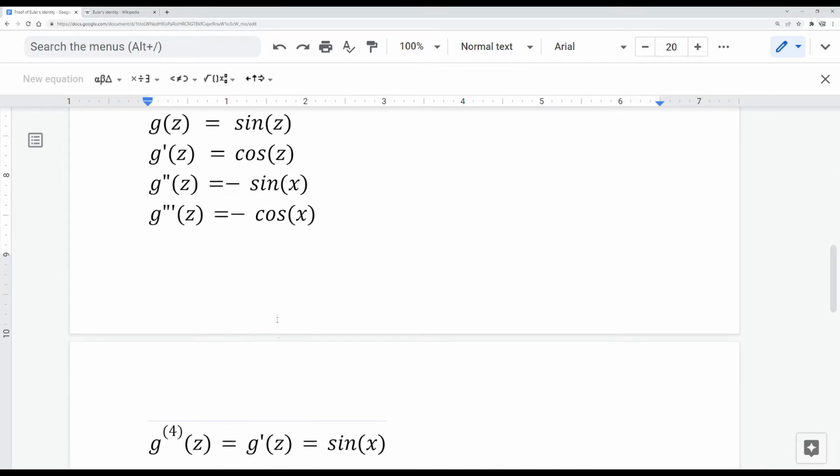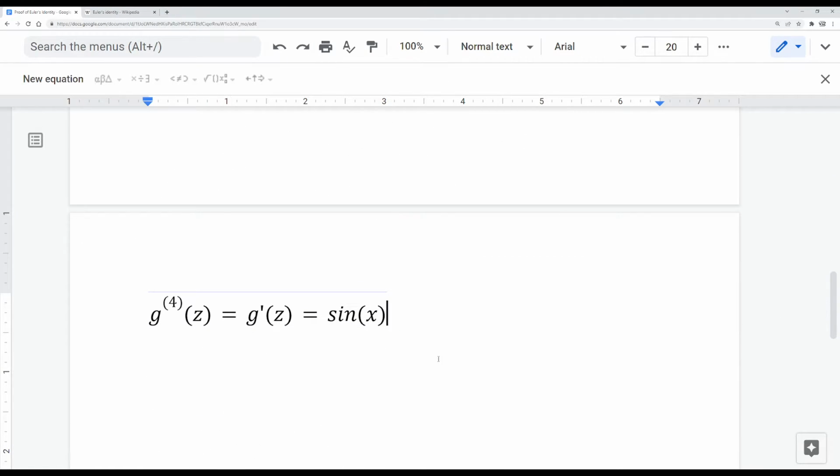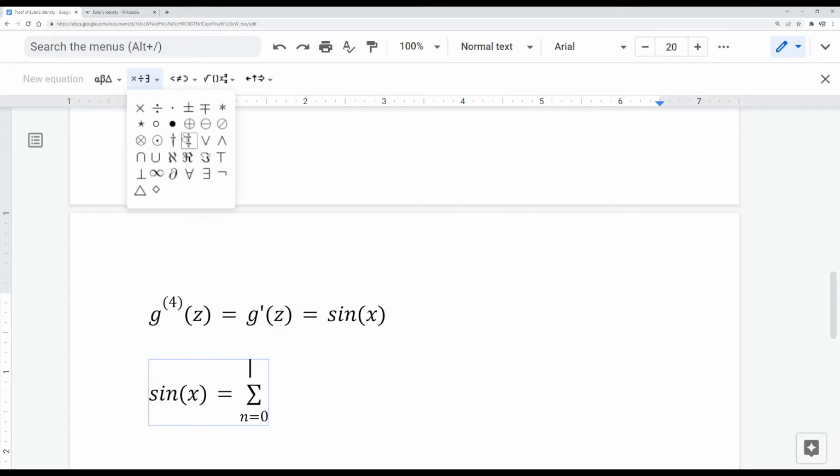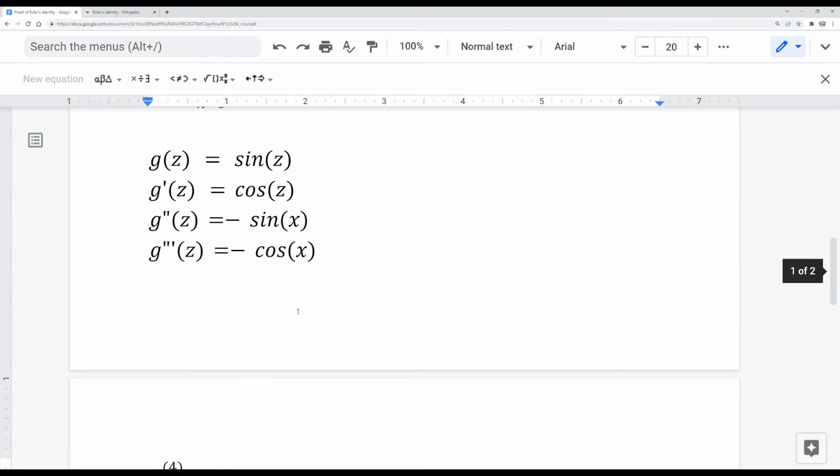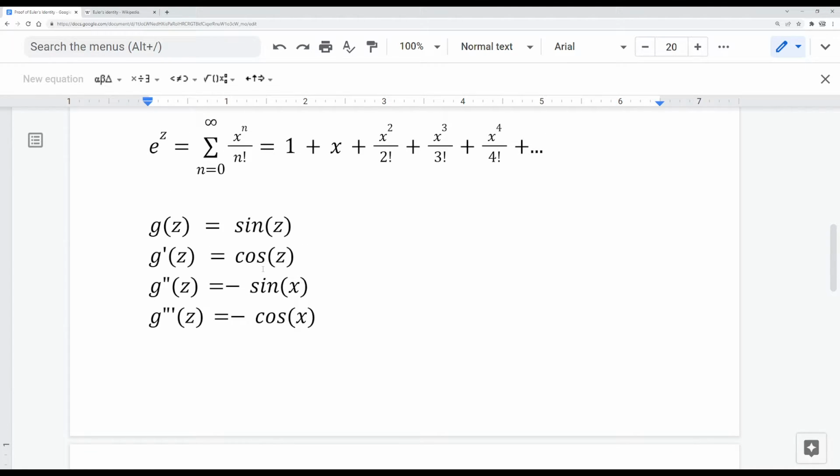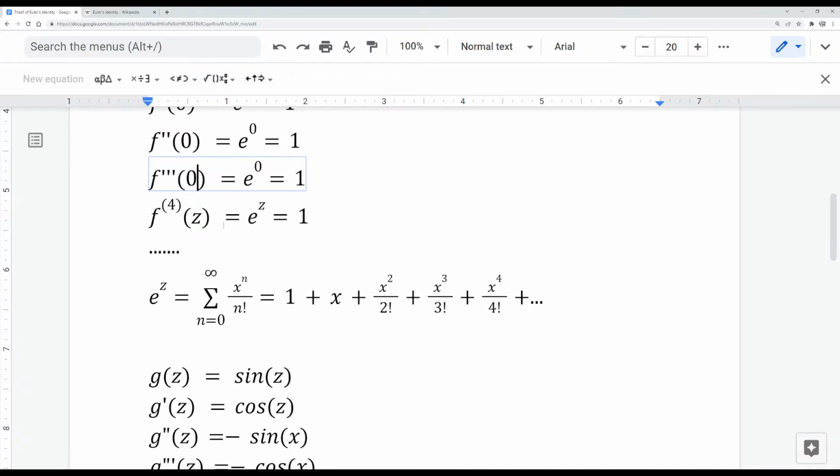So okay, now we know that sine of x equals the sum from n equals 0 to infinity, because we're going to get an infinitely accurate approximation. But notice something. We have positive, negative, and we have to evaluate this at 0. Don't forget about this.